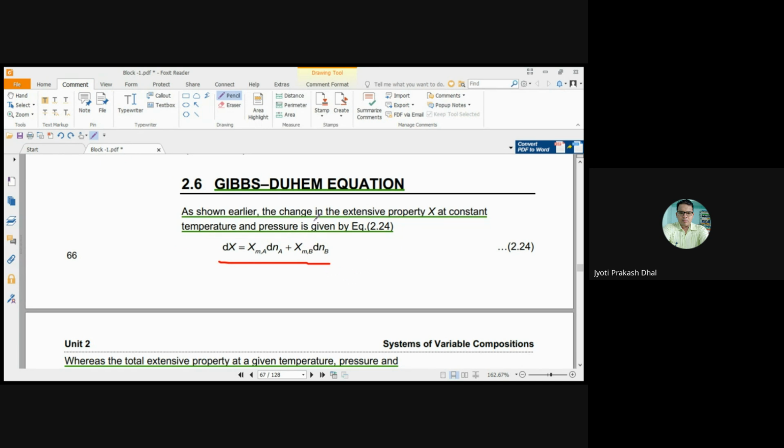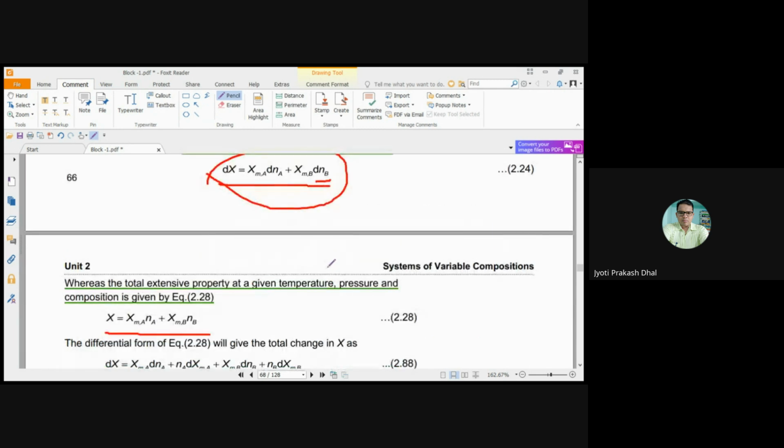So the change in any extensive property X at constant temperature and pressure is given by dX equals X_MA dnA plus X_MB dnB. Here X_MA is the partial molar property of A, and X_MB is the partial molar property of B, and dnA is the change in number of moles of A, and dnB is the change in number of moles of B.